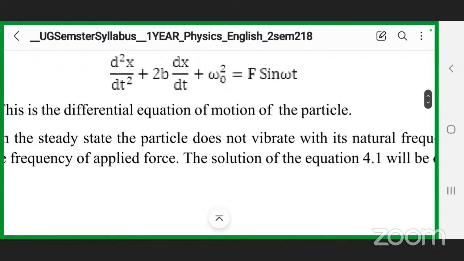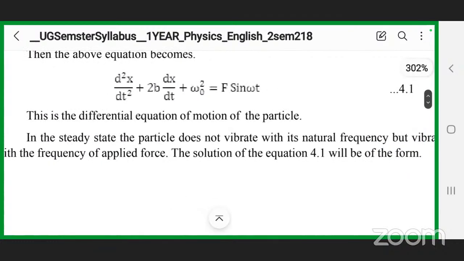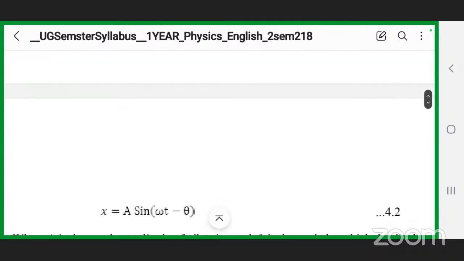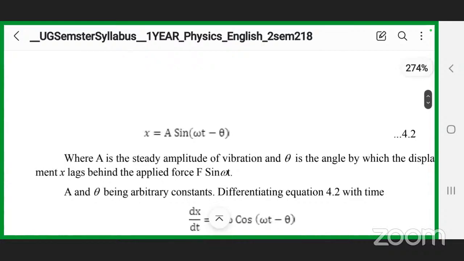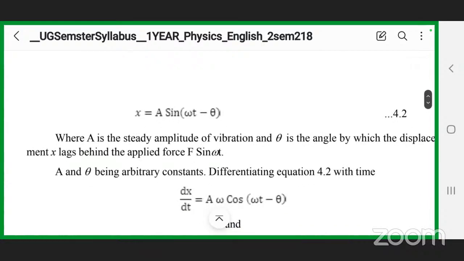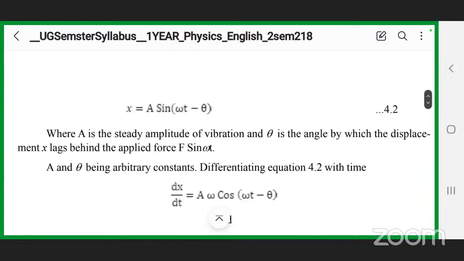This is the differential equation of the motion of the particle, and you need to derive the solution for it. Let us consider that x equals a sin of omega t minus theta, where a is the amplitude of the vibration, omega is the angular frequency, and theta is the angle by which the displacement x lags behind the applied force.